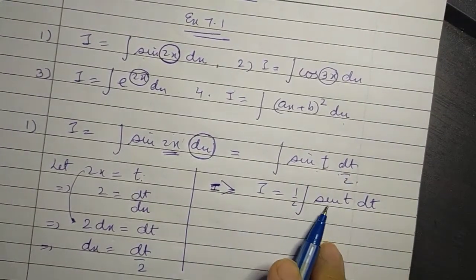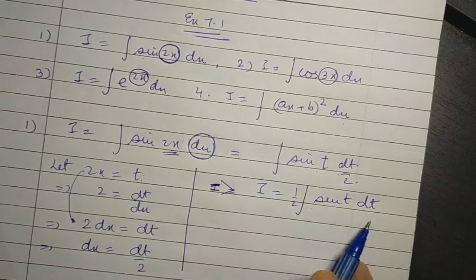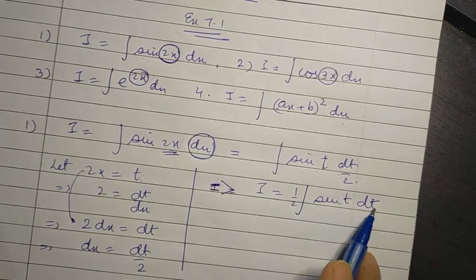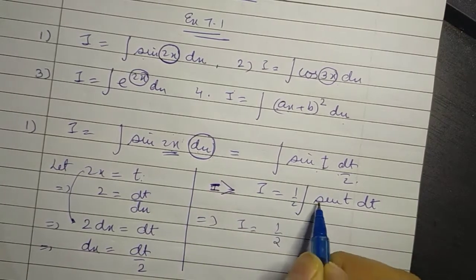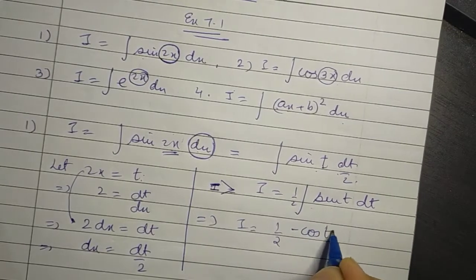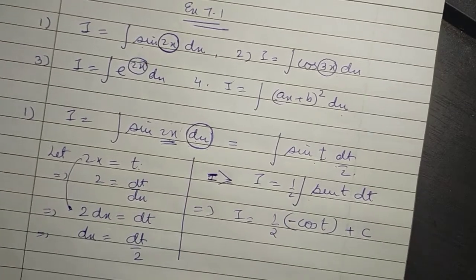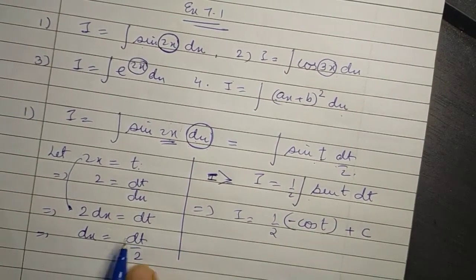Now we observe it's in the standard form. Whether we write x or t, it's in the standard form because it is sine t being integrated with respect to t. So directly we apply the result, that is, the integral of sine t is minus cos t plus a constant. Now t is something which we have introduced.